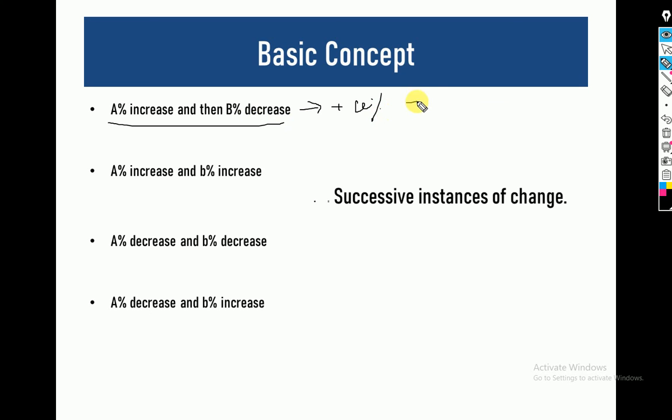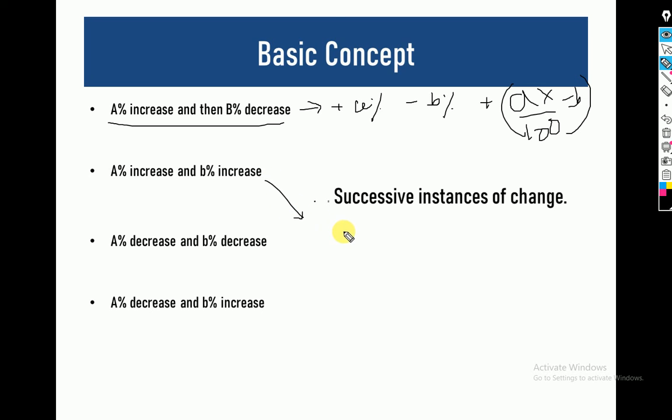For decrease we usually denote it with the minus sign, so plus a into minus b by 100. So this is the formula of this instance, a percent increase and then b percent decrease.